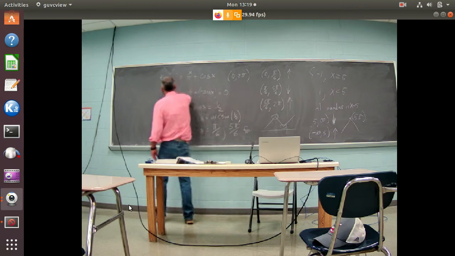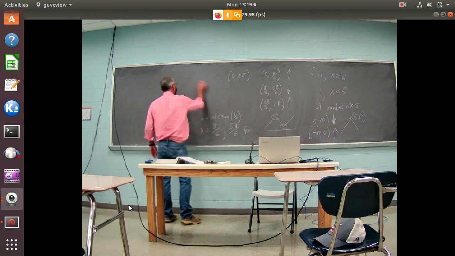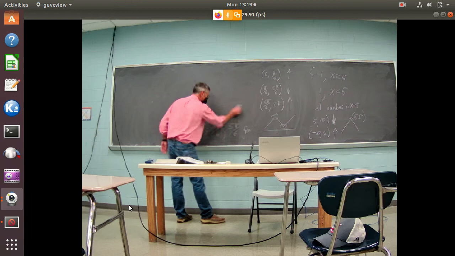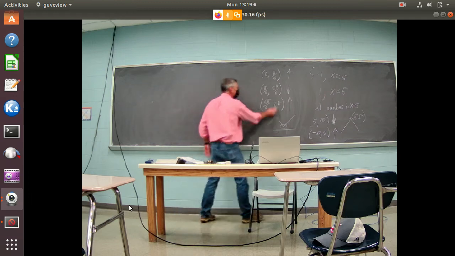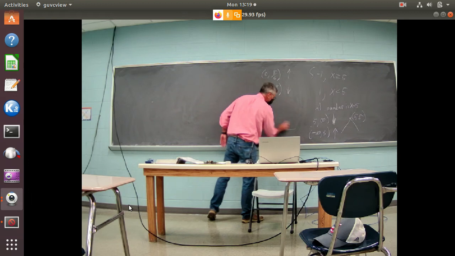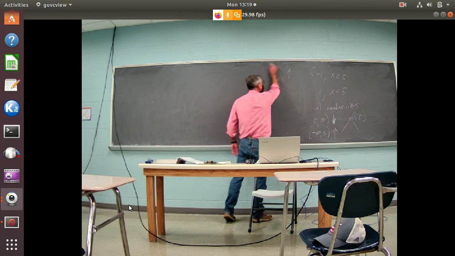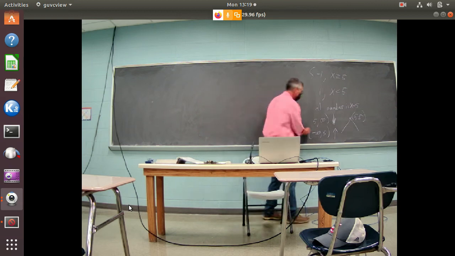In 3.4, we learn that actually the second derivative of a function can help us out in understanding the relative extrema, just the general shape of the curve and what's going on.